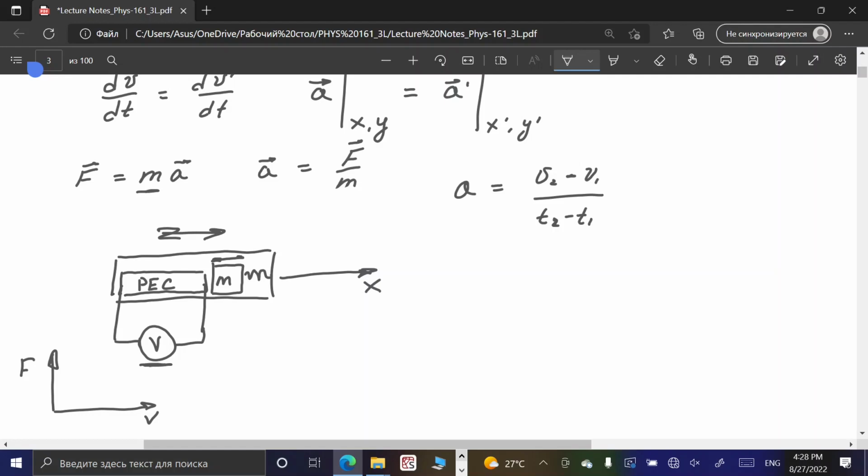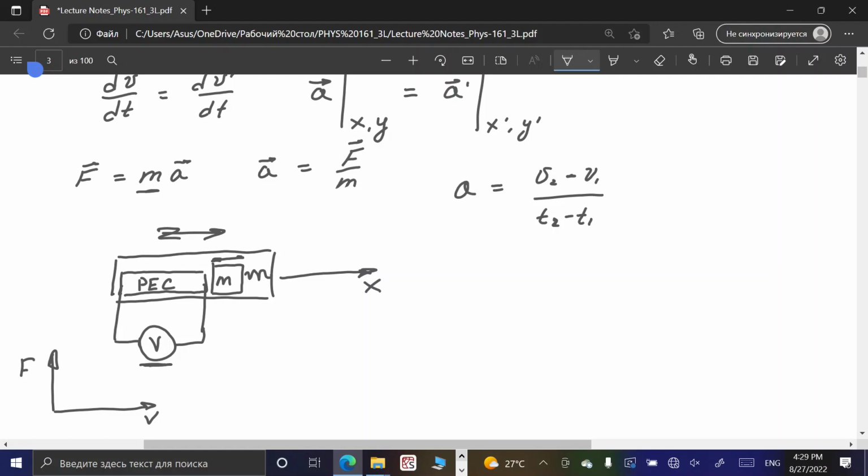Then we have mass of the object m times g vector that defines the weight of this object, and that's how we measure. We compare different weights, and we measure the mass, but that's gravitational mass. So that's how we measure the level of interaction of this object with the gravitational field.